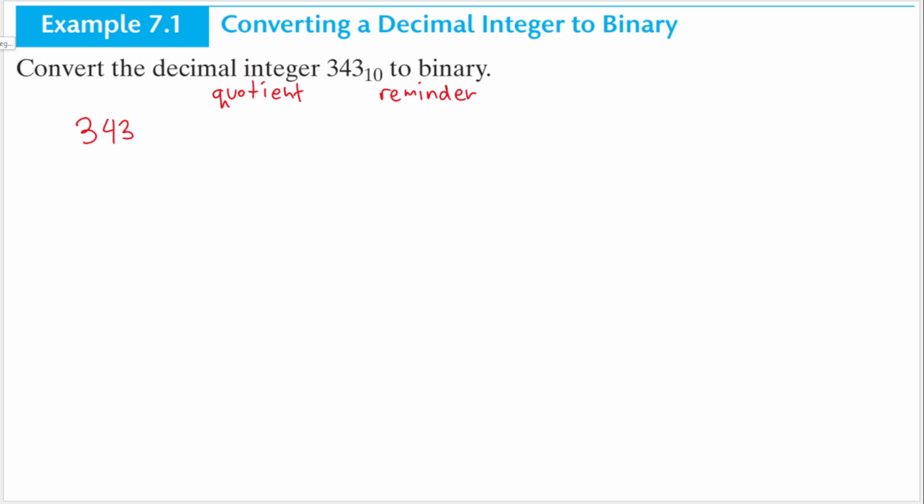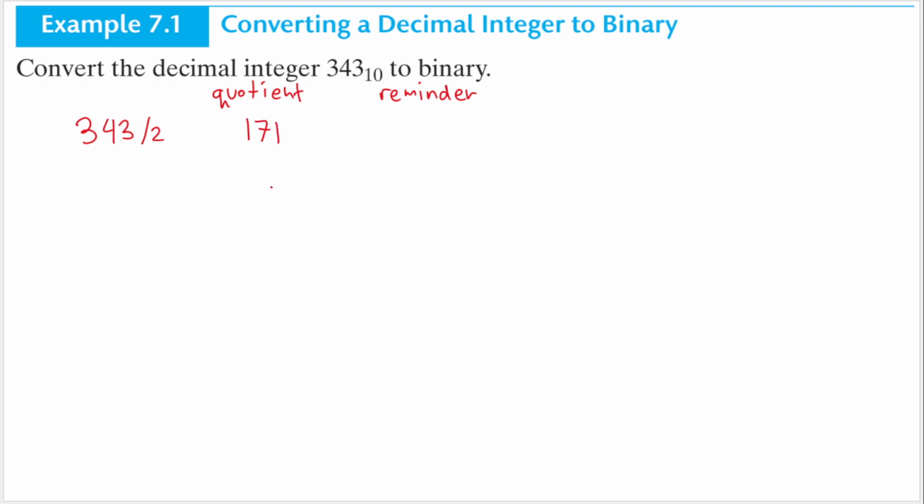The first thing that we need to do is divide 343 by 2. So what is 343 divided by 2? That will be 171, I think.